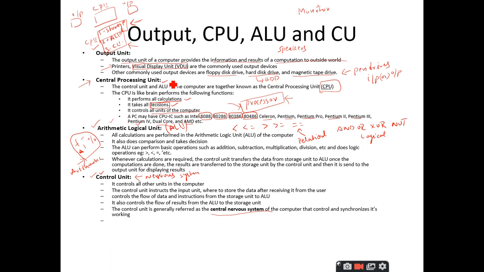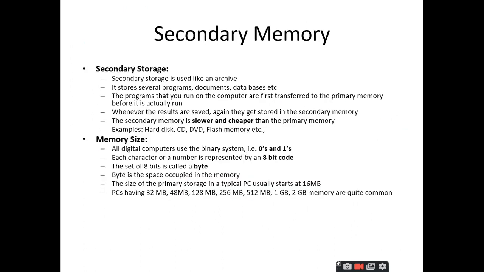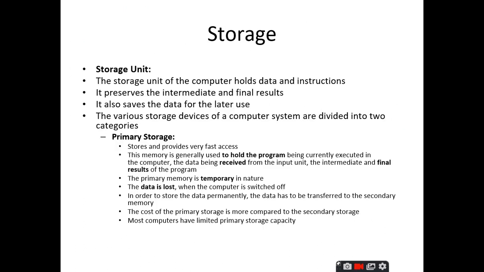So, we are done with the input unit, the output unit, the ALU and control unit. Now, we are going to discuss the storage part. The name itself indicates that it is going to store the data or the instructions. You might have some doubt whether this storage is permanent or temporary.